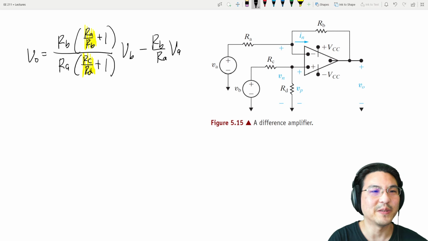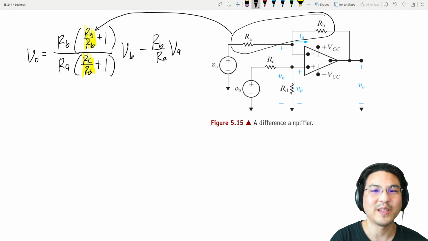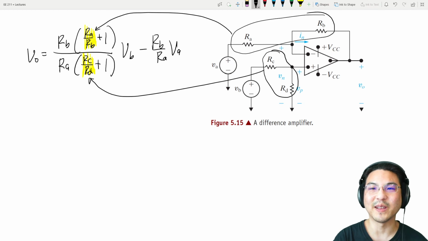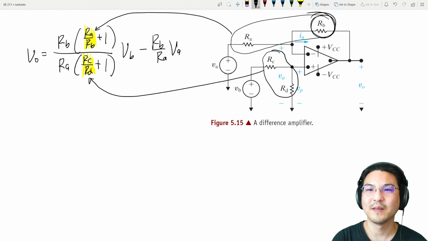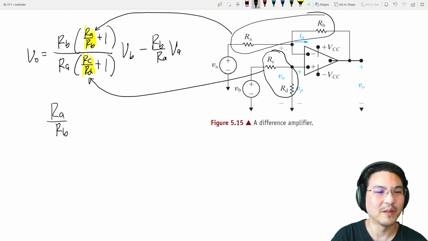If this ratio between Ra and Rb is the same ratio as Rc and Rd, so if as engineers we design the circuit, for example, if Rb is 10K and Ra is 1K, then the ratio is like 1 over 10, Ra over Rb.